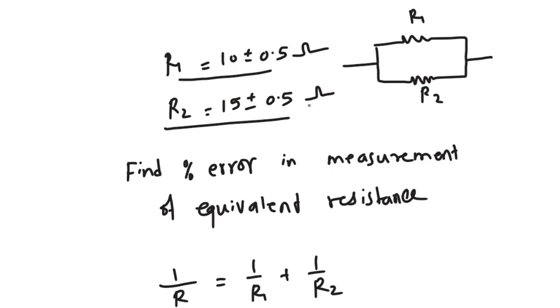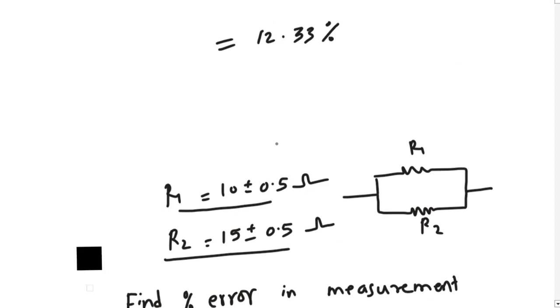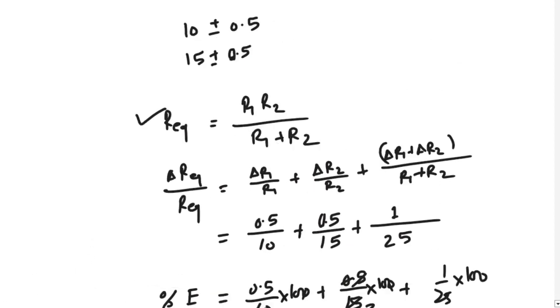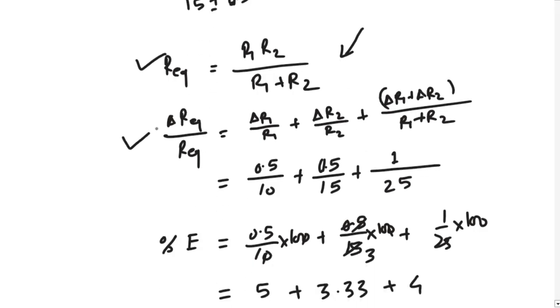So most of the students make a mistake here when calculating the percentage error. What they do is that they know that the equivalent resistance will be equal to R1 R2 divided by R1 plus R2. Since these resistances are connected in parallel, this is the formula that we know. And then they apply this formula.